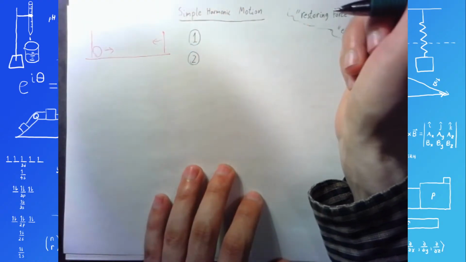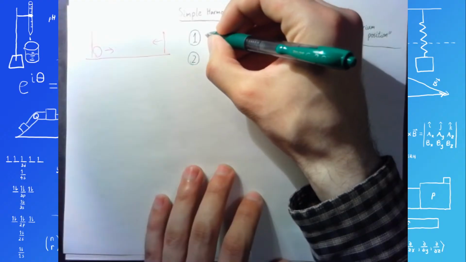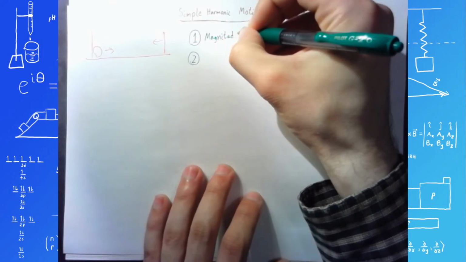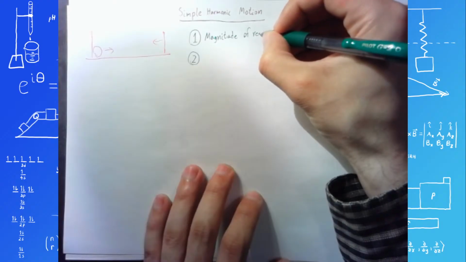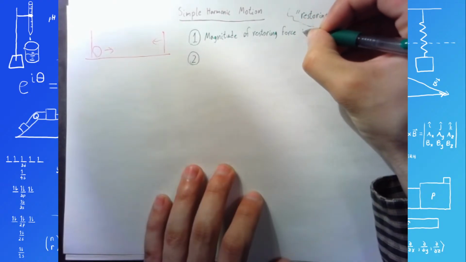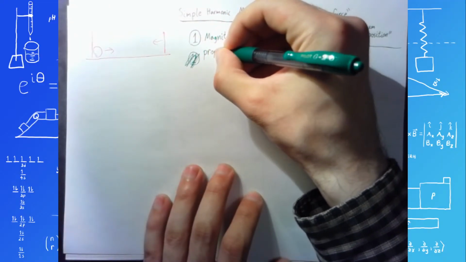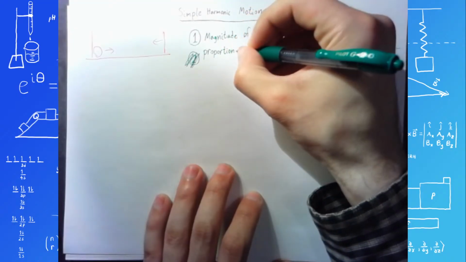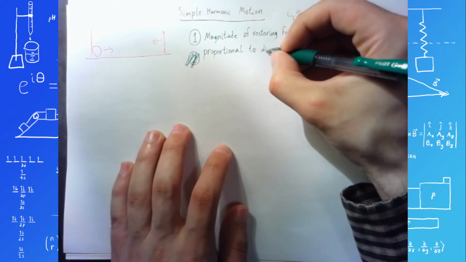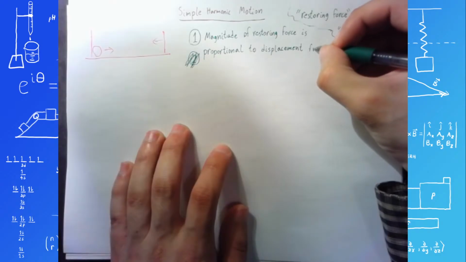So the first condition for simple harmonic motion, as far as its restoring force is concerned, is that the magnitude of the restoring force is proportional to displacement from the equilibrium position. That's one.